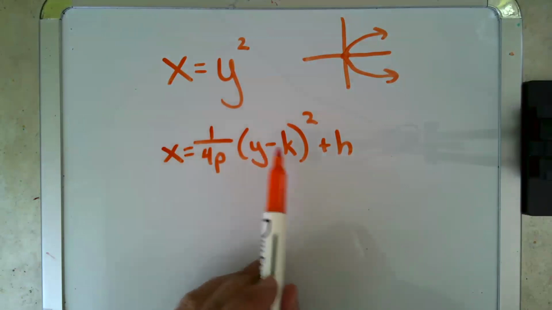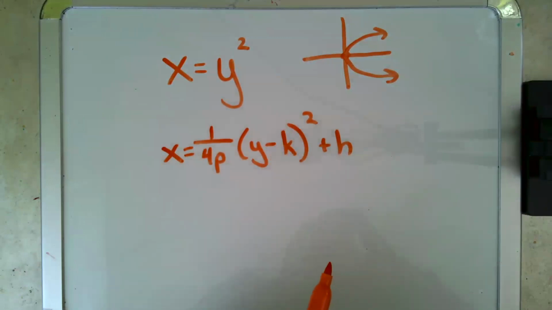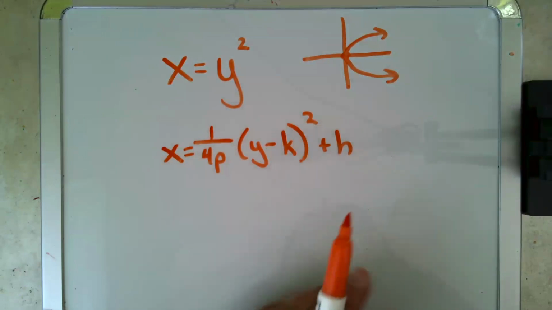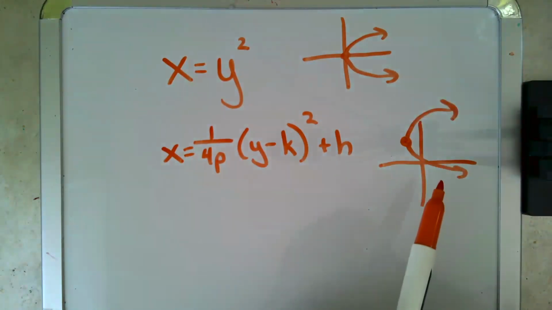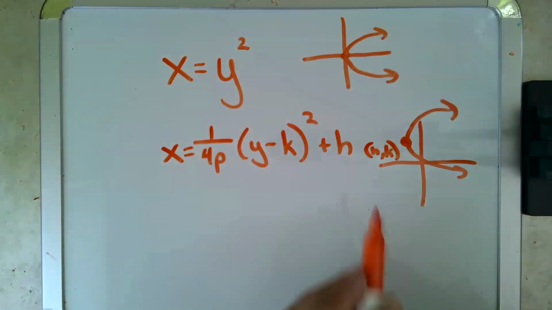Then y minus k, k is the vertical translation of our vertex, squared, plus h. h is the horizontal coordinate of our vertex. So that means we might have a parabola that looks like that, where this, our new vertex, is h comma k.